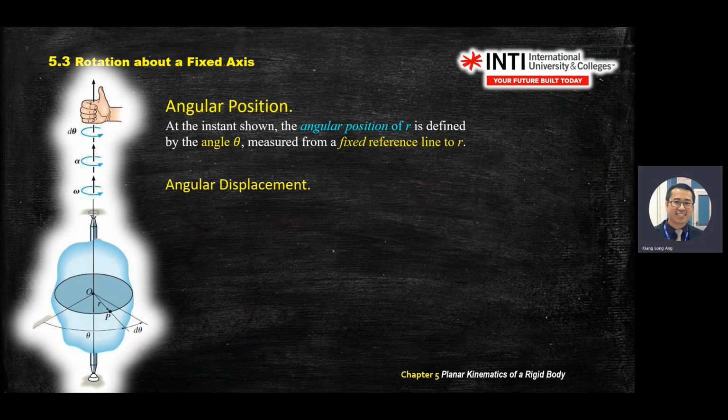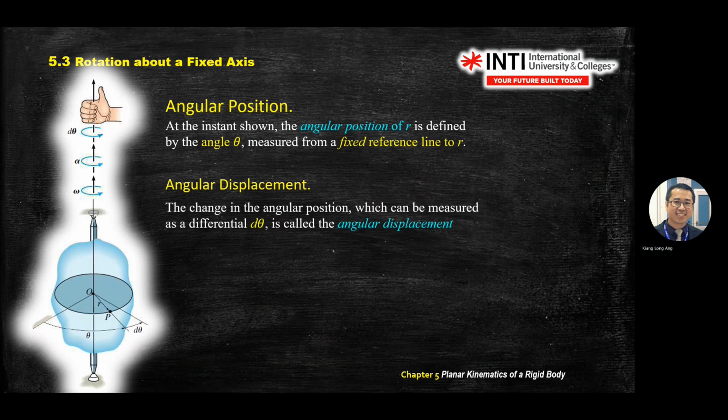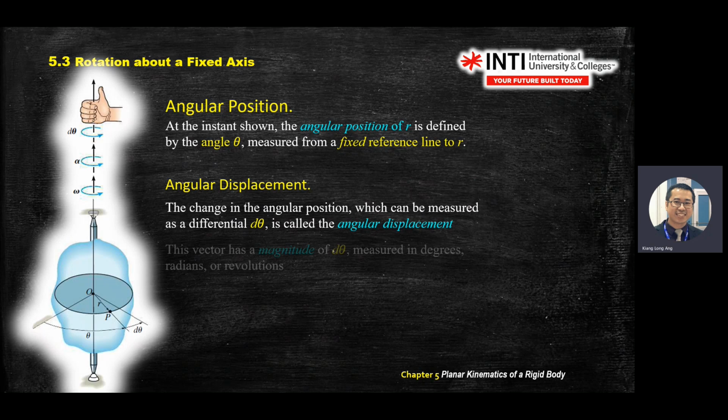And the angle, we use theta. This is a plane, and there will be a reference rotation angle. Right? So you will call it angular position. And the displacement, we call it d theta.